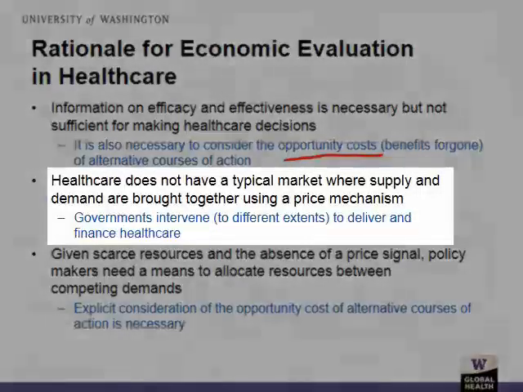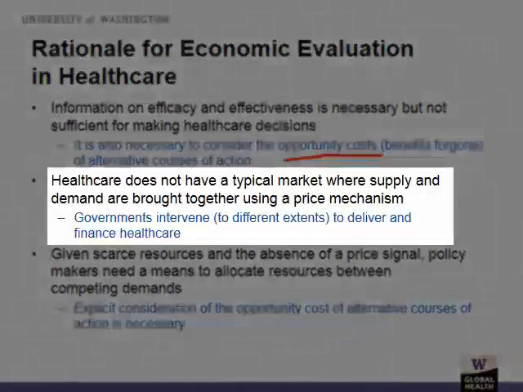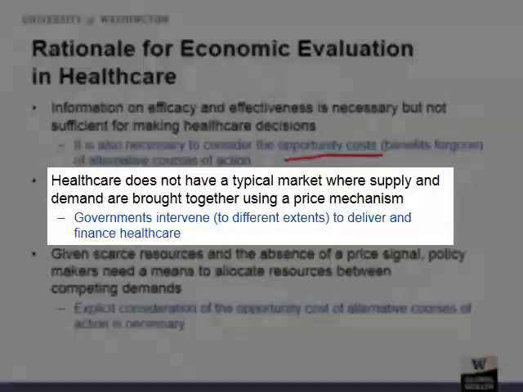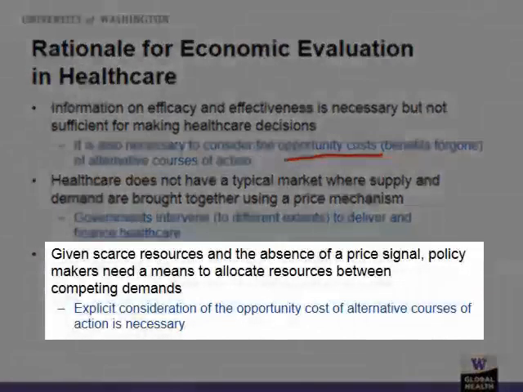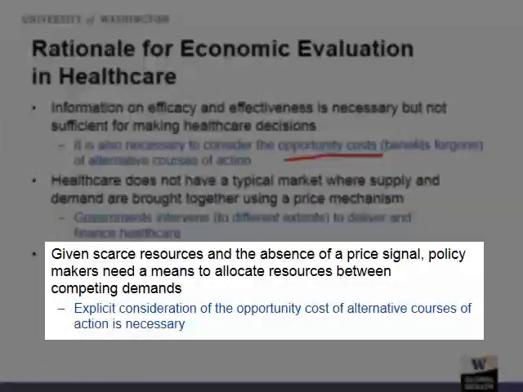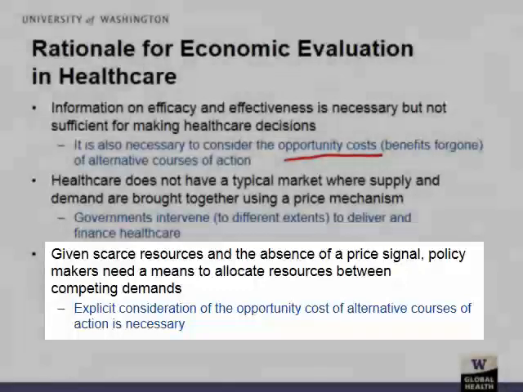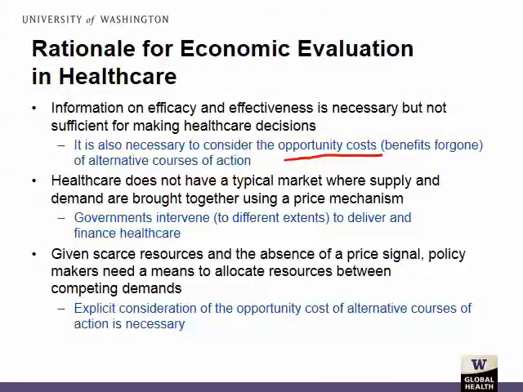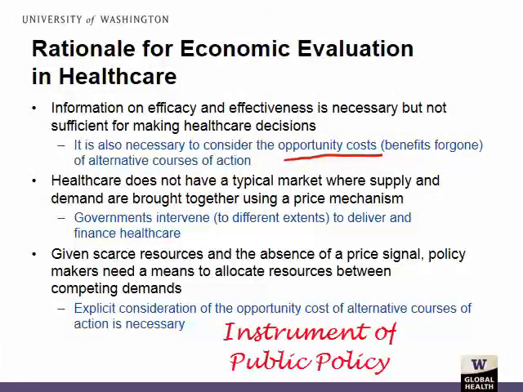And like we said, healthcare has an atypical market, and governments intervene to deliver and finance healthcare. And given scarce resources and the absence of good price signals, policymakers need methods to allocate resources between competing demands. So economic evaluation really is an instrument of public policy in some sense.